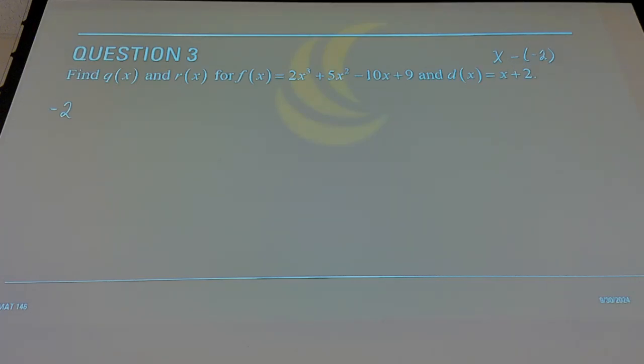For the next part, it's very important that your dividend be written in standard form. What is standard form for a polynomial? Descending from the highest degree. That's true, and there is one other condition.